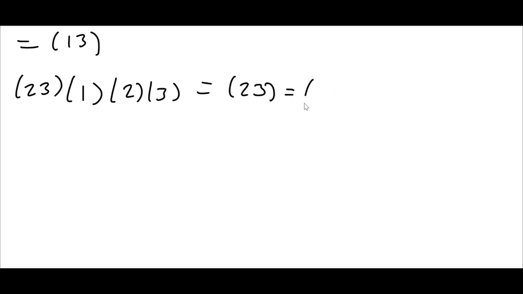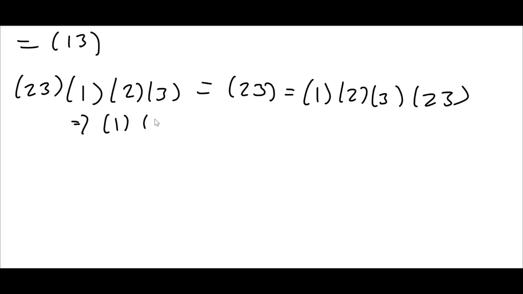And then that's clearly equal to (1 2 3)(2 3). We'll just check this because 2 goes to 3, 3 goes to itself, so 2 goes to 3. And then 3 goes to 2, 2 maps to itself, so 3 is going to 2, and then 1 just maps to itself. Okay, clearly (1 2 3) is the identity.